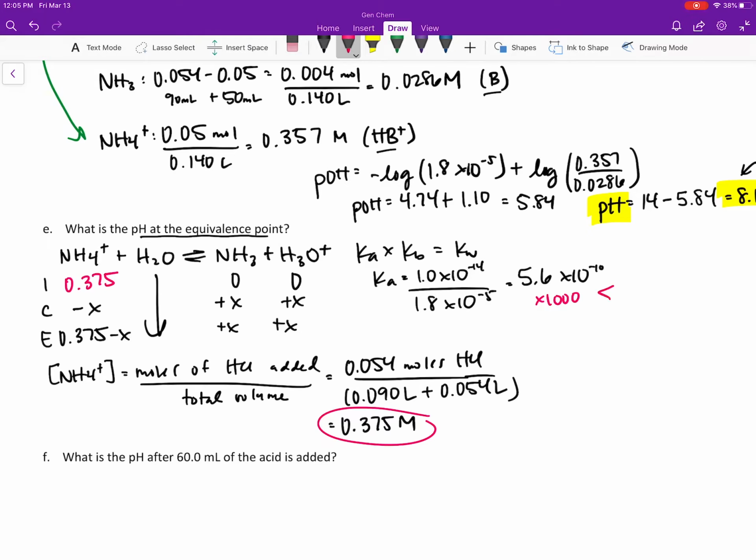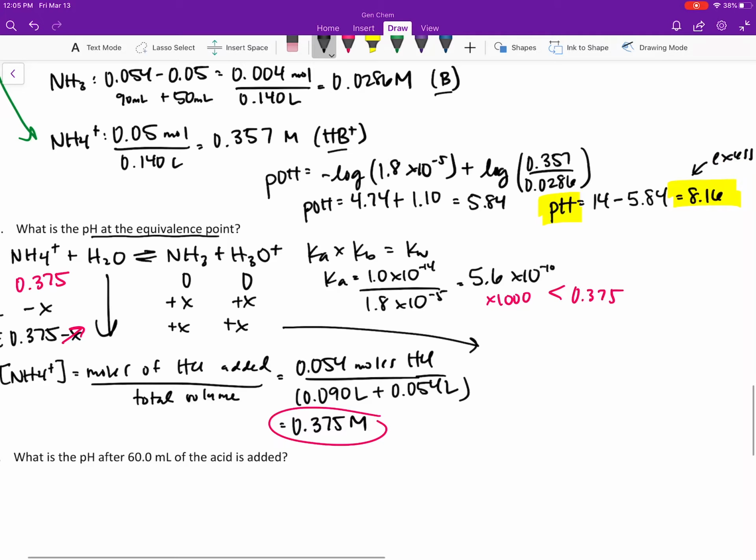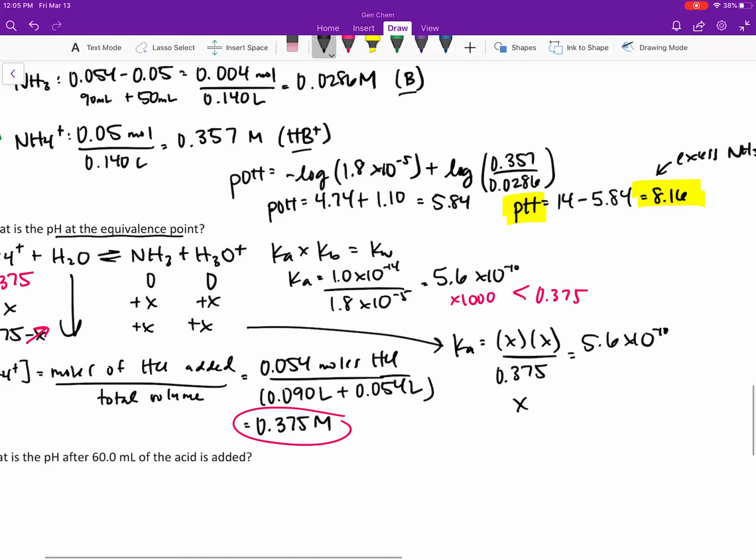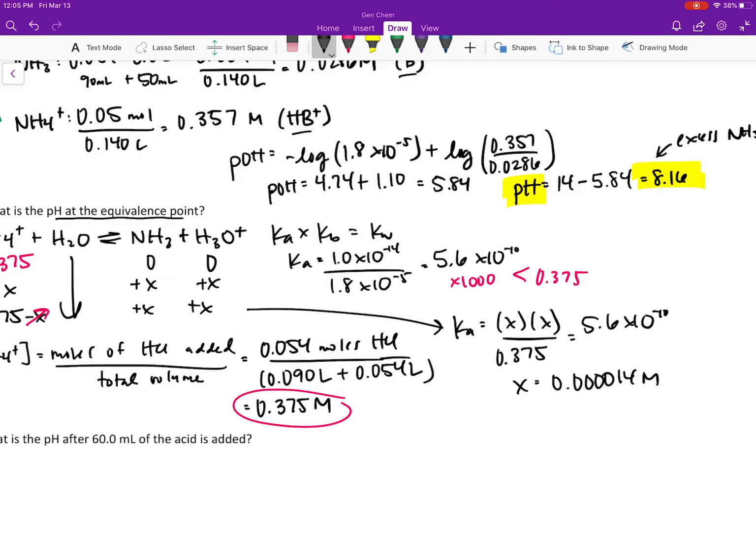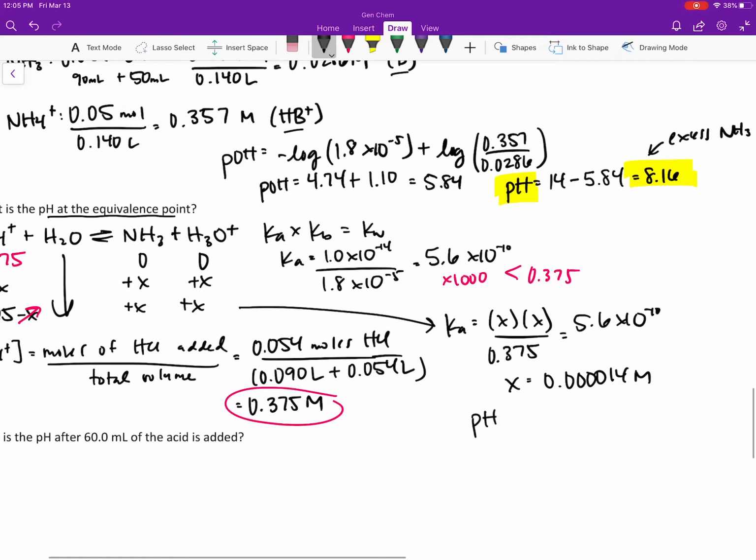So this is much smaller than 0.375. I can go ahead and get rid of that x. Now I'm going to set up my Ka expression, products divided by reactants equal to my Ka value that I just calculated. I should get that x is equal to 0.00014 molar.